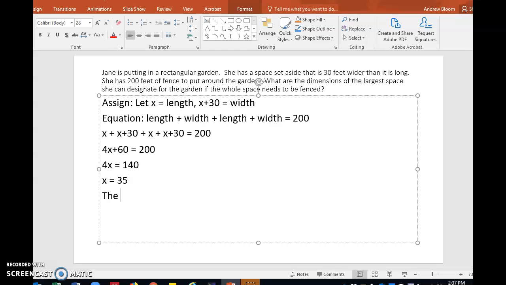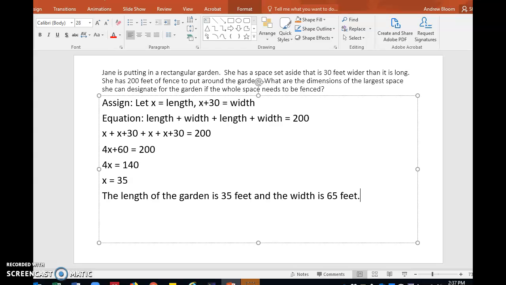We could write down the dimensions of the garden, but because in this case we were given specifically that the length is shorter than the width, we should be careful with our sentence. The length of the garden is 35 feet, and the width is 65 feet. Notice a couple things, right?